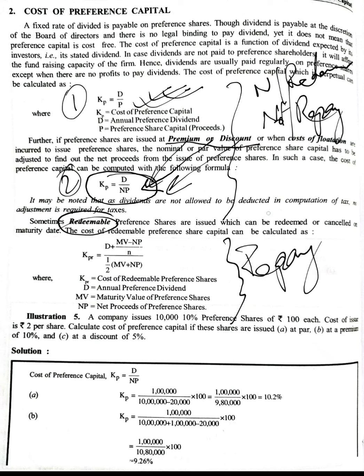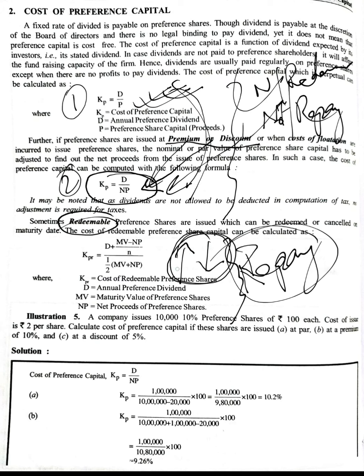So try to understand these two formulas for non-repayable or non-redeemable. But when you have to repay, there are values for repaying and for when you are issuing, so two values will be there. One is when you are receiving the money, another is when you are giving out. On the basis of these two, you decide the cost of your preference share. Then another formula will come when you have to pay after taxation. So let's see this first.